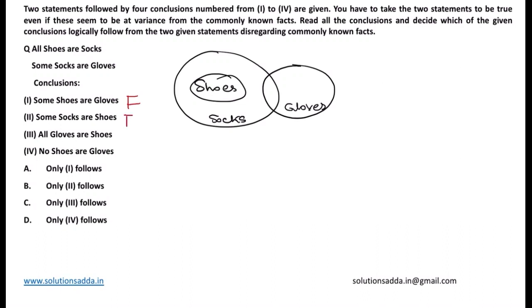All gloves are shoes. This is also a false statement as there is no definite relation given between shoes and gloves. Therefore, we cannot say that all gloves are shoes. No shoes are gloves. This is also a false statement as there is no definite relation between shoes and gloves, and hence no shoes are gloves is also a false statement.